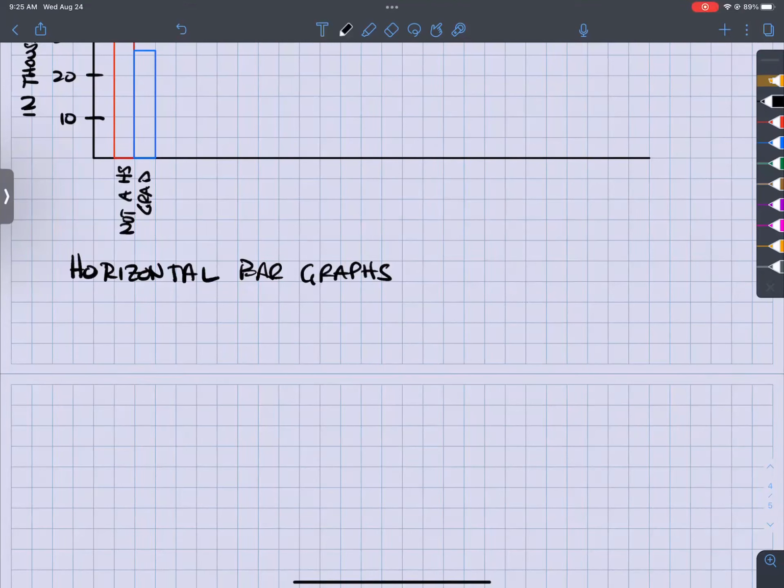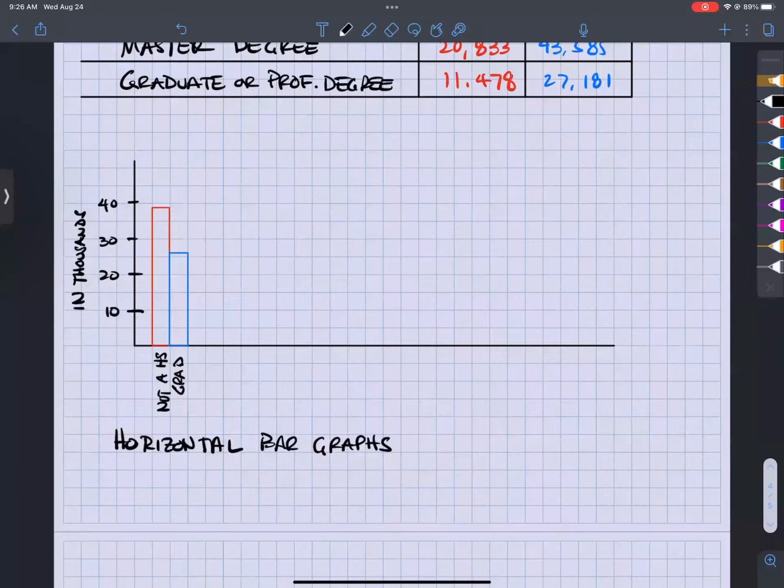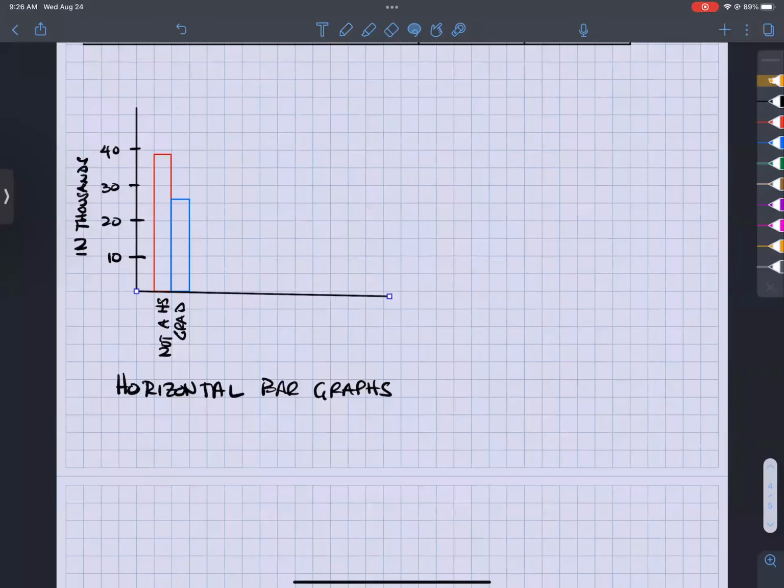So why do you think that people would rather see a horizontal bar graph than a regular bar graph? Do you think it's easier to read? So if we took, for example, this right here, right? Let me go ahead and shrink this.